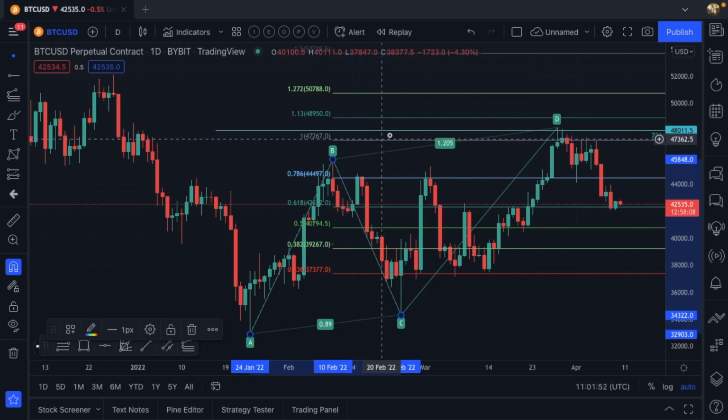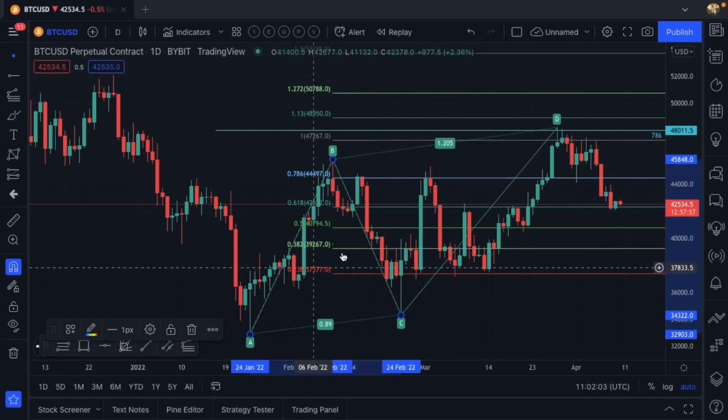So right away I start to believe that this is a tighter zone here, and that we're looking at a potential PRZ zone in here. And it also validates this ABCD pattern in a sense.